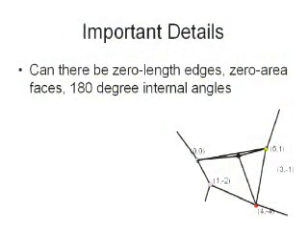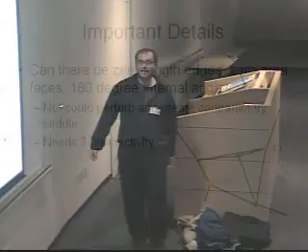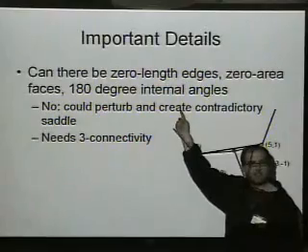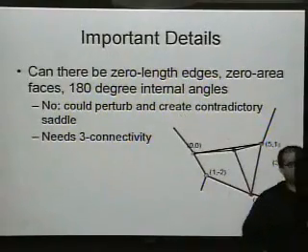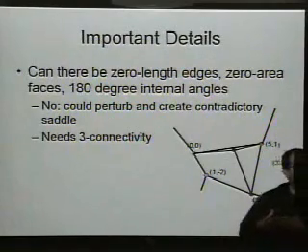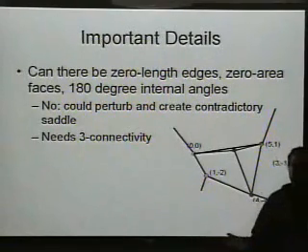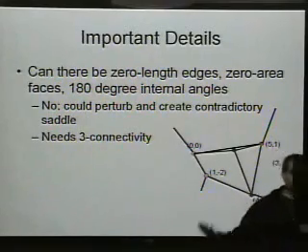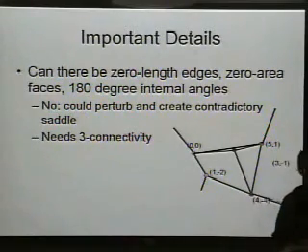And the kind of argument I'm going to use, again, I'm not going to go through the details, is that if this did exist, I could go back to my previous slide and actually find a perturbation that would have turned this into a saddle. Okay, so I'm not giving you the details again, but this is so close to being a problem, and perturbations are actually pretty easy to find, I could have kicked it into the illegal position. But since you couldn't, again, you get a contradiction, everything rolls down.